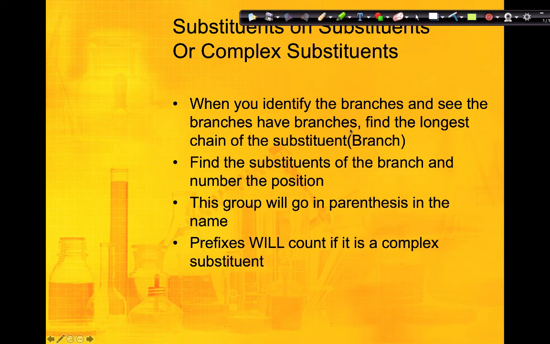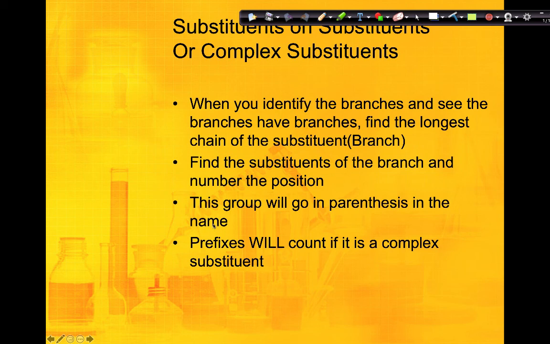So when you identify the branches and then you see that the branches have branches, you're going to find the longest chain of the substituent of that branch, okay? So how long is that? Okay, that's going to be your stem. Then you're going to find the substituents of the branch, and then you're going to number the position. So it's really just you're adding layers to it.